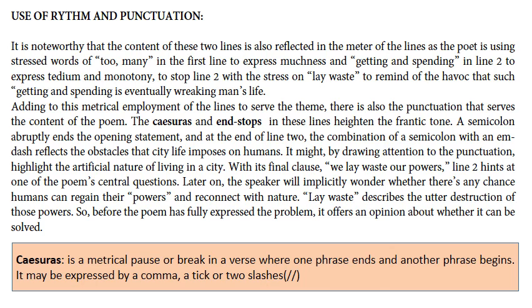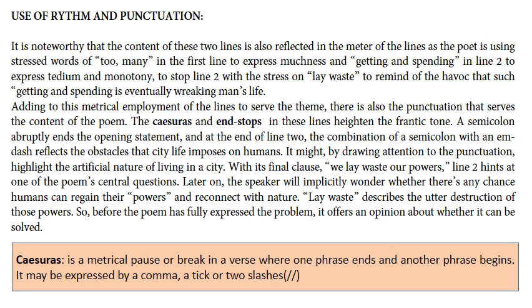When he says lay waste, he describes the utter destruction of those powers. They are non-regainable, non-recreatable, they are destroyed, in fact. So before the poem has fully expressed the problem, it offers an opinion about whether it can be solved. Here, by saying lay waste our powers, it means that there is no hope in regaining these powers.